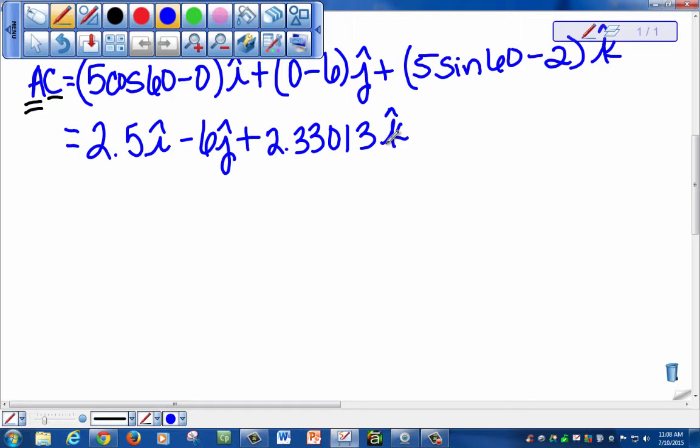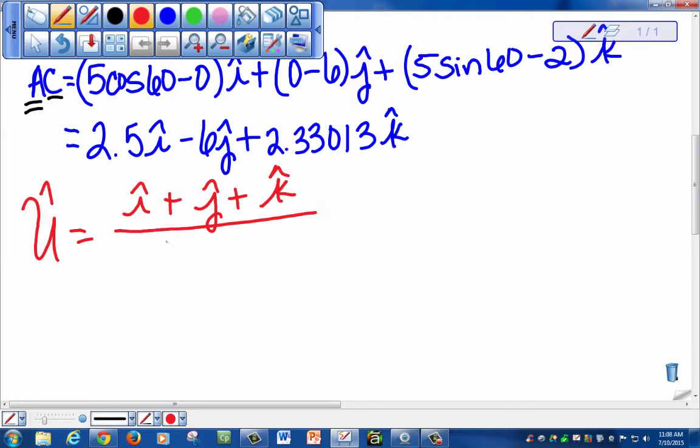So now that we have this, whenever we're doing a unit vector, we have to remember the unit vector has to equal the Cartesian vector divided by the magnitude of the Cartesian vector.